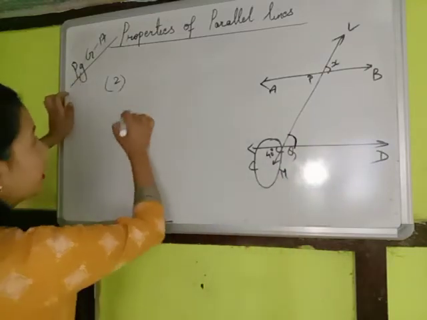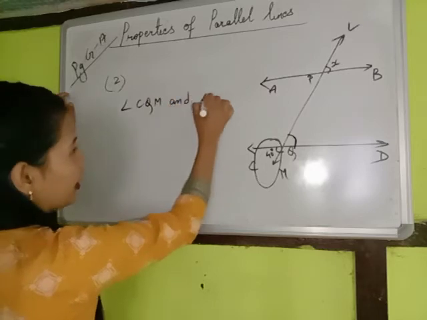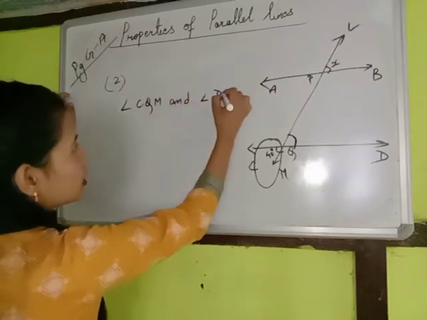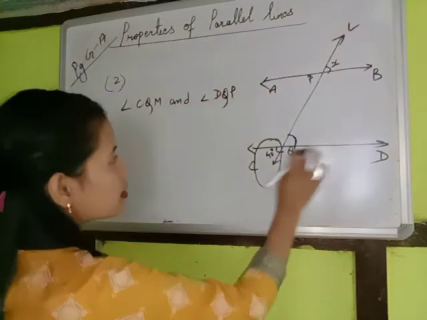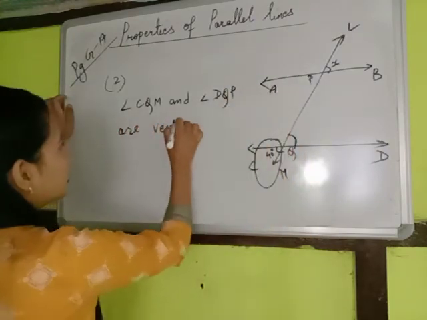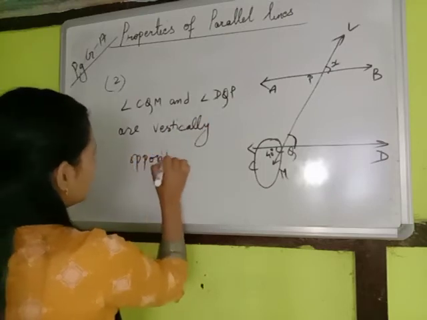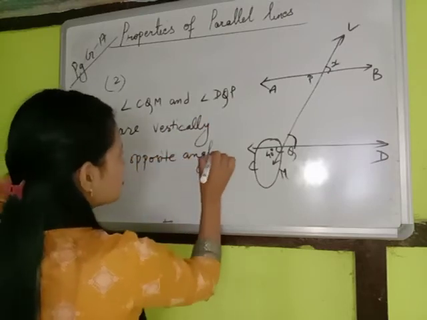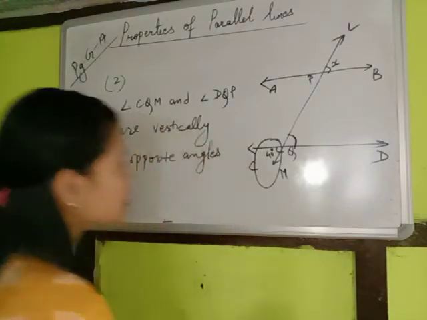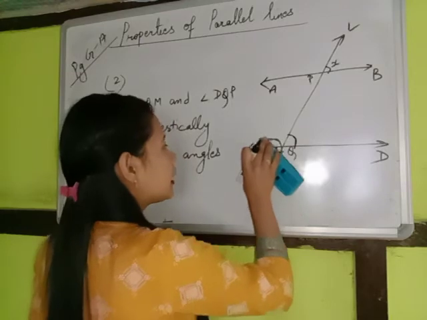Here you can name angle CQM and angle DQP. These two angles are vertically opposite angles, and we know the measures of vertically opposite angles are equal, right?